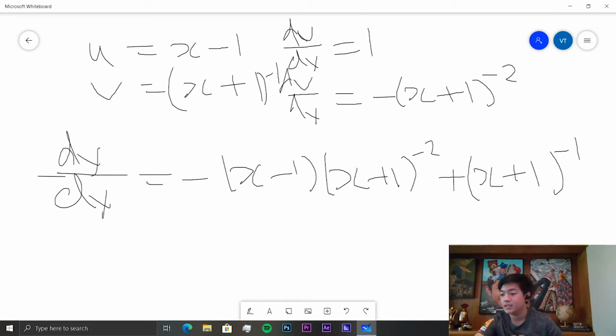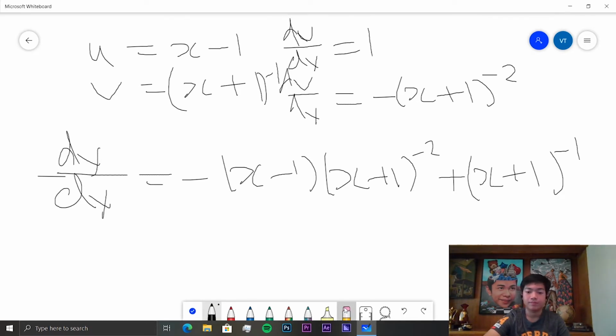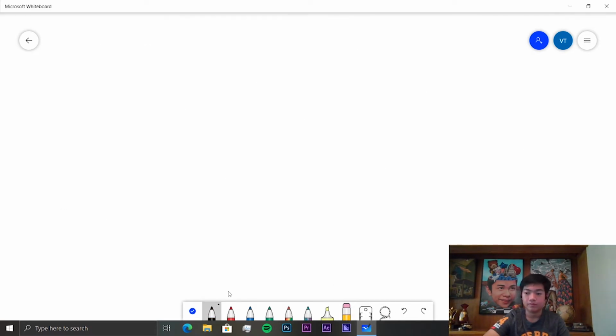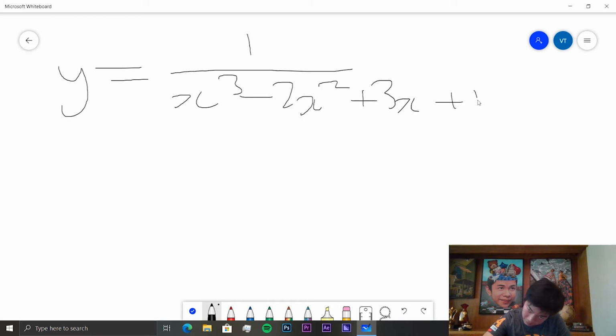And the next question is asking for, we have y is equal to 1 over x cubed minus 2x squared plus 3x plus 1, and find the derivative of this.